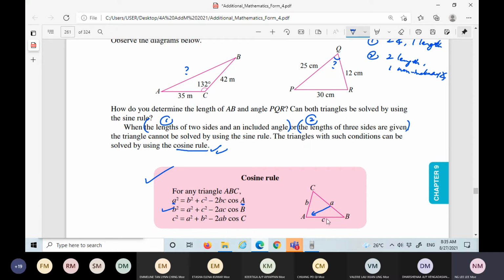Same as the b with the side CA and the angle B. So if A squared is your subject, here must be cos A. So A squared is equal to the other two lengths, B squared plus C squared, minus 2 times B times C times cos A. So this is the cosine rule.